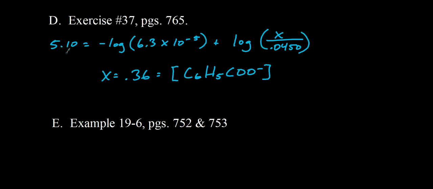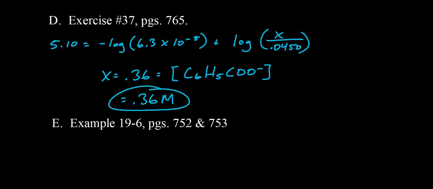So antilog both sides, so 10 to the whatever's on each side. That'll get rid of this log, and you'll have X over 0.045 equals some number. And solve for X, we get 0.36. Let's put in some units there. So the answer is actually 0.36 molar is the concentration of benzoate.